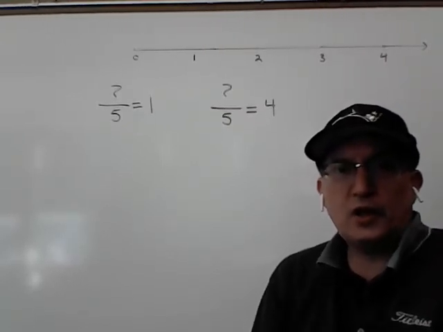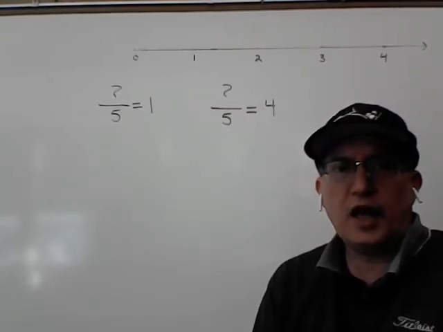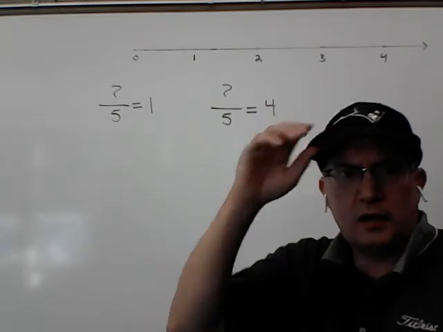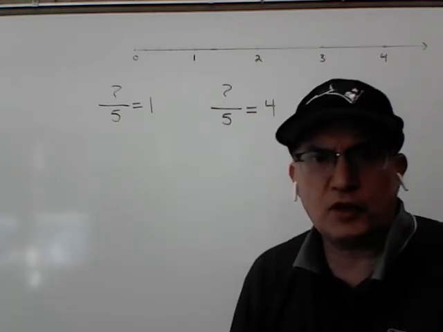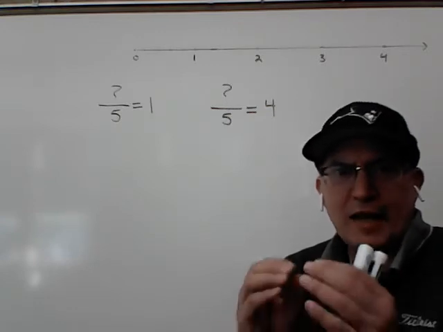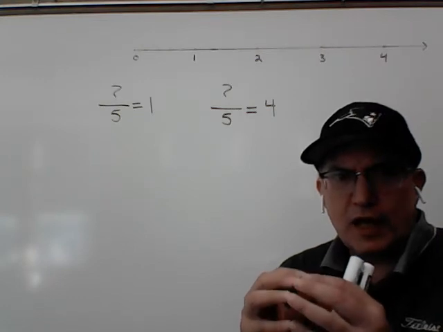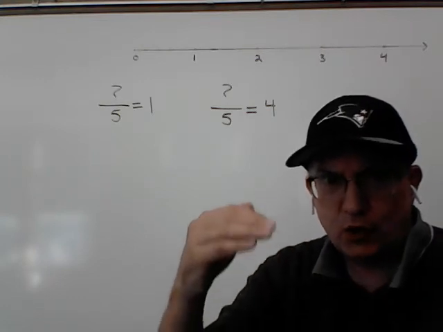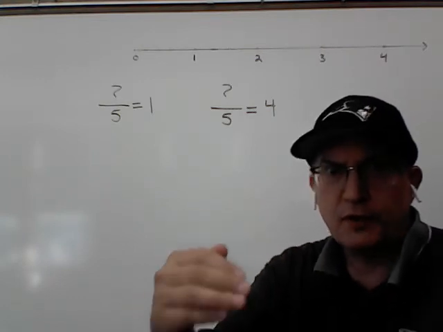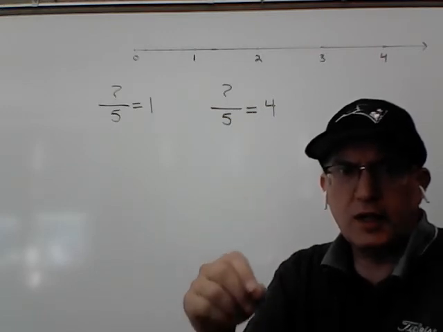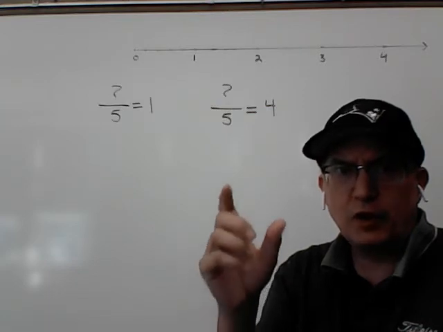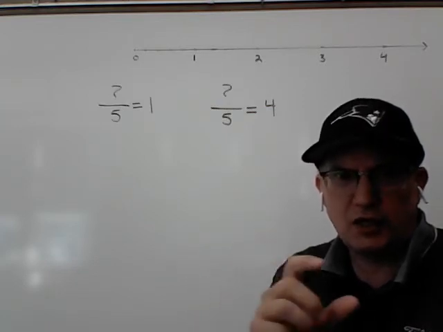Hello, fifth graders. We're going to begin this video with a kind of question that I asked very early in fifth grade. Pretty much as soon as we define fractions as points on the number line, identifying, realizing, and getting into our long-term memories that the denominator, or bottom number, of a fraction is telling us how many equally sized pieces the unit has been divided into.